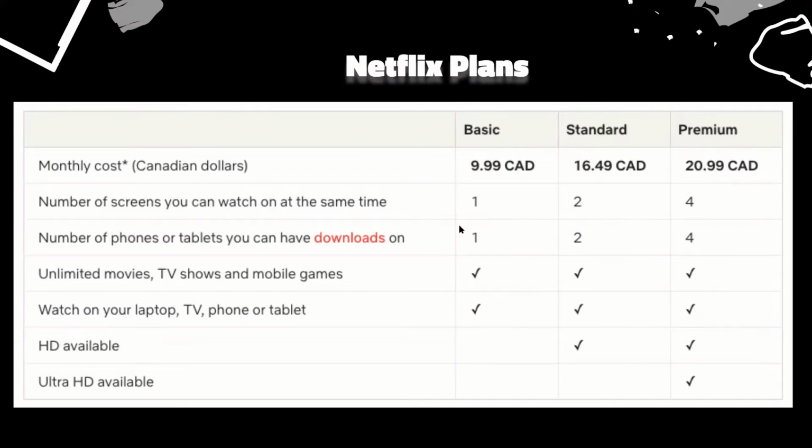And then it changes based on the number of phones or tablets you can have downloads on. So for the basic, it's 1, standard it's 2, and premium it's 4. And it's also the same number of screens you can watch on at the same time. For the standard plan, you'll have HD available. And for the premium plan, you'll have up to Ultra HD available.